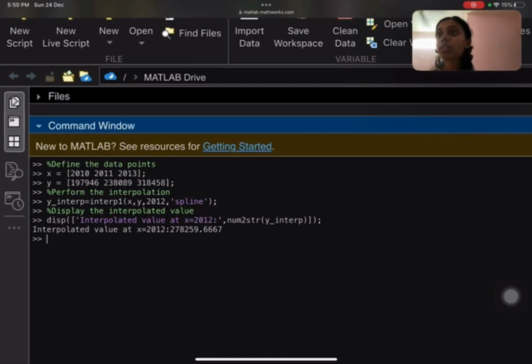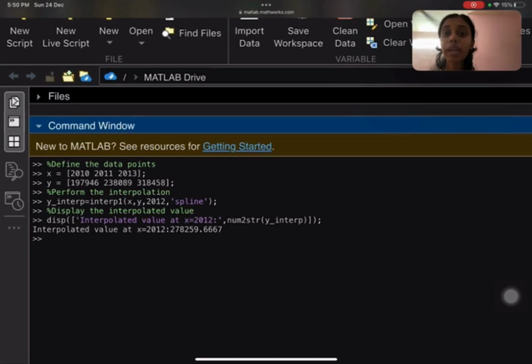Previously for linear approximation, we used the word linear. For quadratic approximation, we are using spline because it's the interpolation by cubic, so it involves 3 points. Then we have to display the interpolated value.